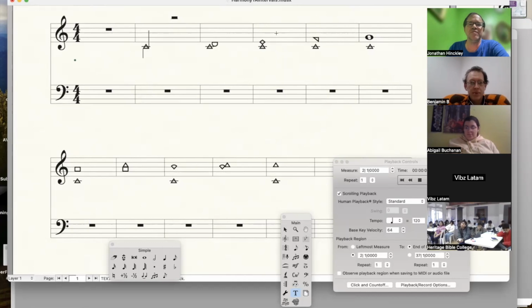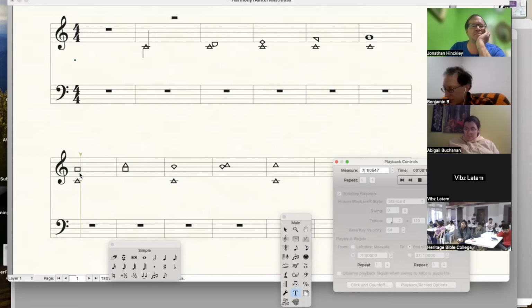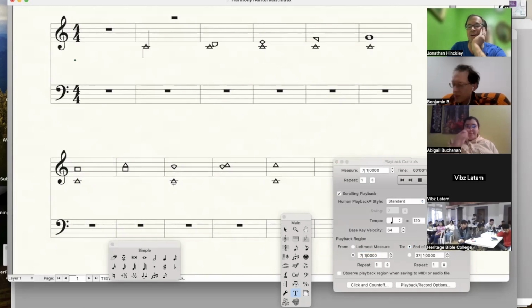Measure 1, 2, 3, 4, 5, 6, 7. So here's measure 7. Playing this sixth here. And then what is this one here? Seventh. Seventh, yep. And it's almost an octave.